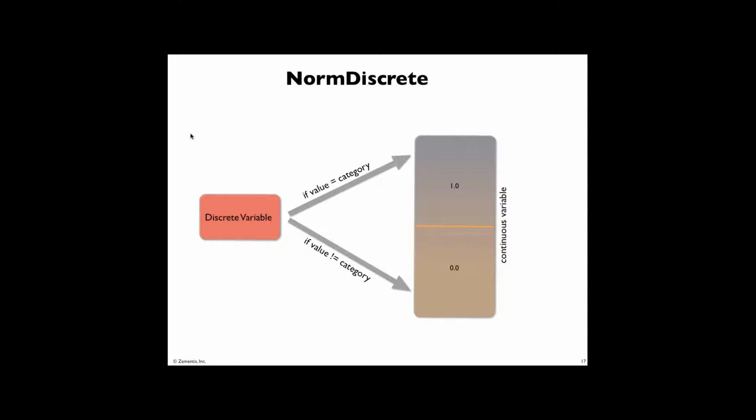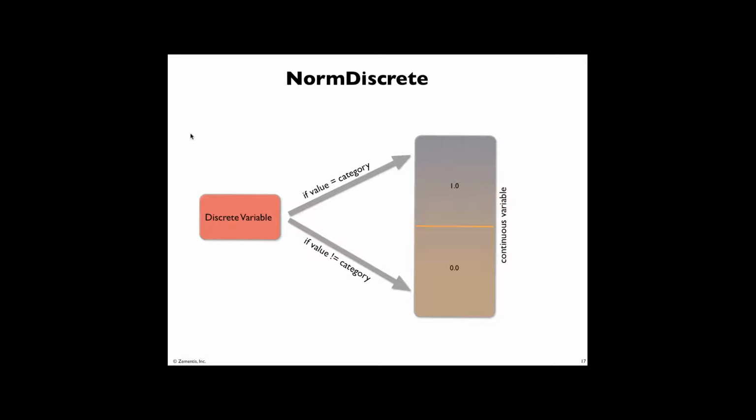So what this means is we define another variable, the transform variable, and you define it so that if the discrete variable has a certain category, which you define, then the derived field has value 1, otherwise it's 0. So for the iris data set, as we know, the species variable has 3 possible categories.